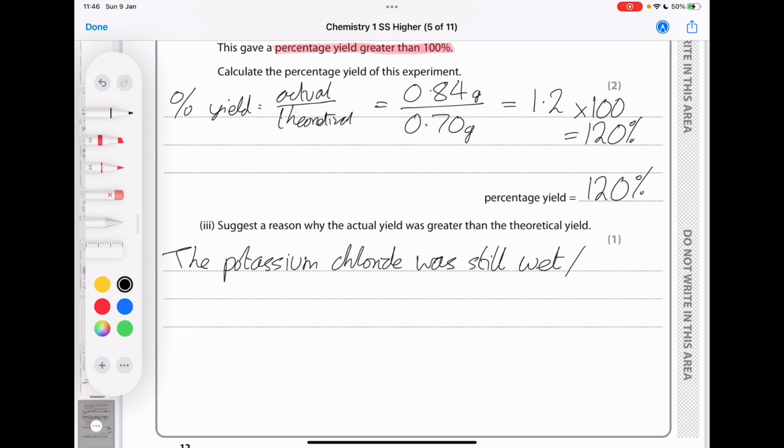Or we could have said that not all of the water had been evaporated. Or any other words to those effect that meant that we hadn't just got potassium chloride, that there was still water inside that potassium chloride.